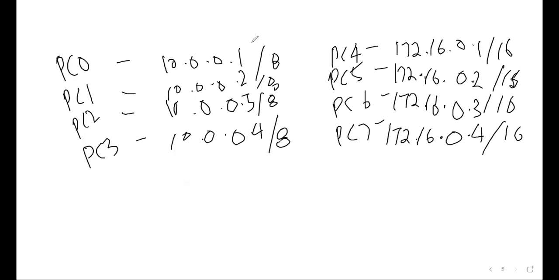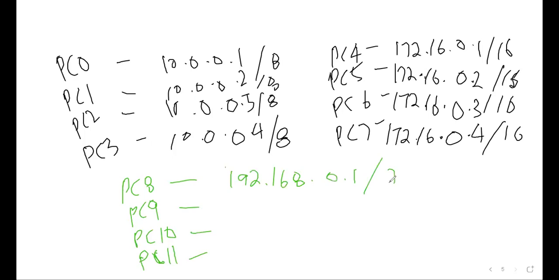Now PC 8, PC 9, PC 10, PC 11 are 192.168.0.1, 192.168.0.2, 192.168.0.3, 192.168.0.4. Like this, we need to assign an IP address.